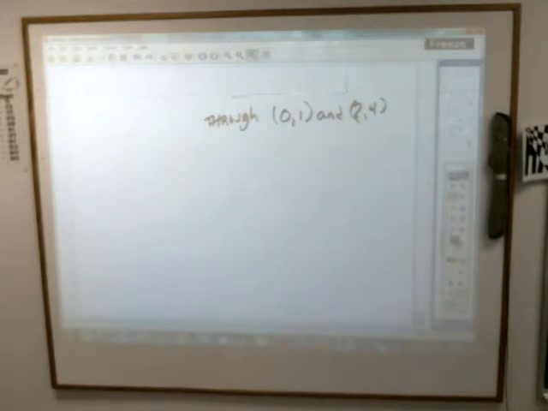Oh, heavens. It's 9:30. There's a little bit of blue there.